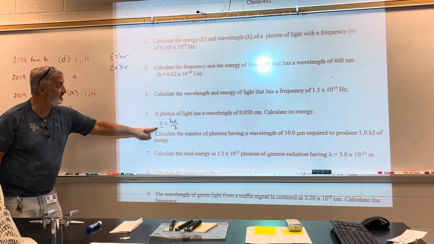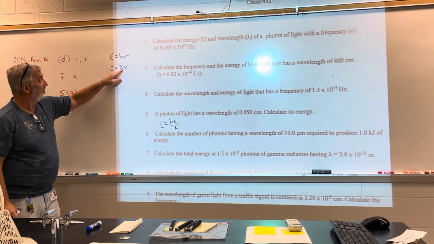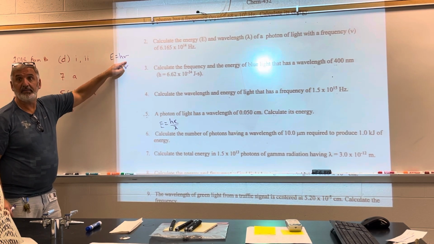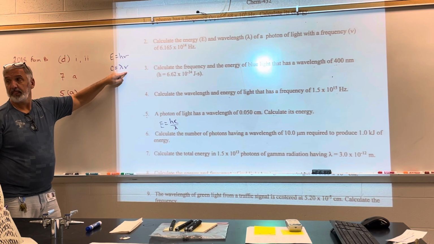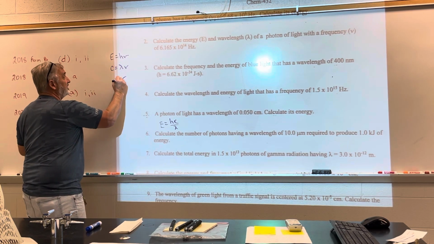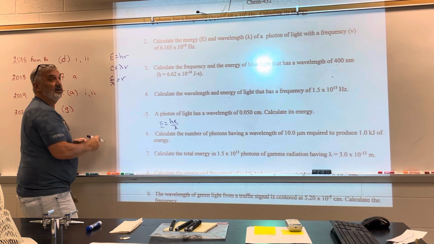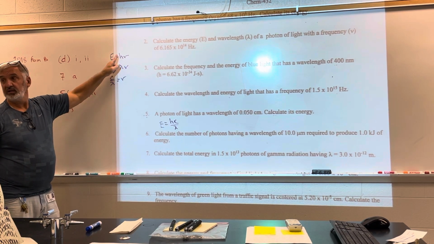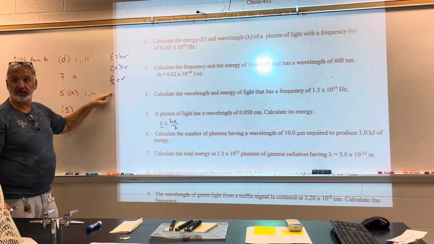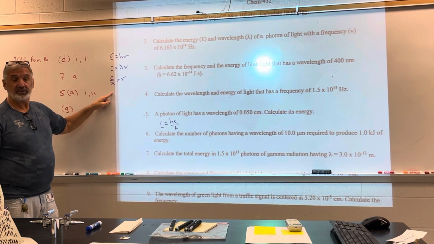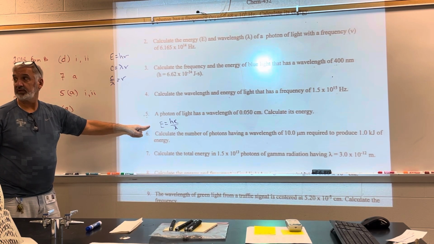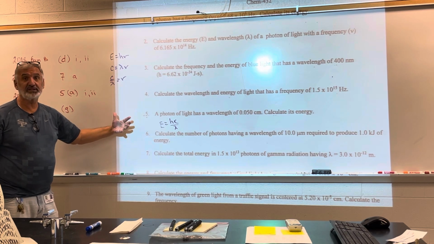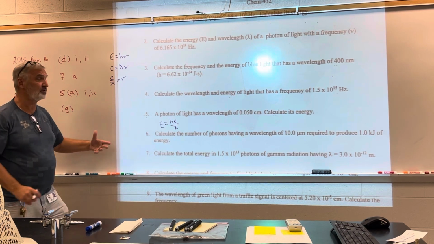How do I get to this? Frequency is the common variable, so nu is equal to c over lambda. Just substitute it into E equals h nu, and E is equal to hc over lambda. You can do it in 2 steps or 1, but for the sake of time, let's do it in 1 step.